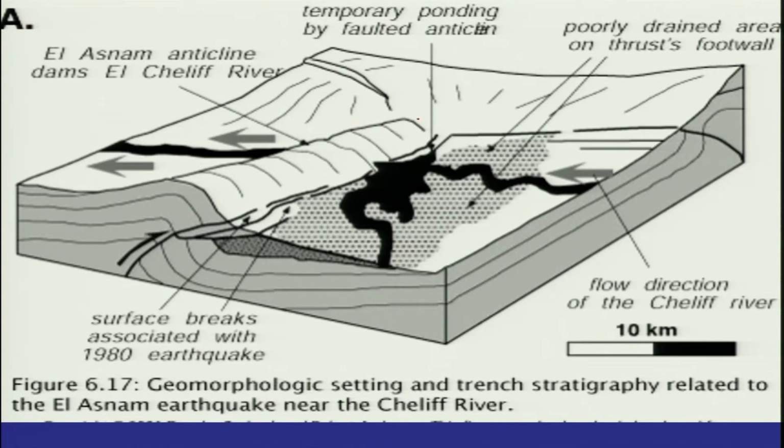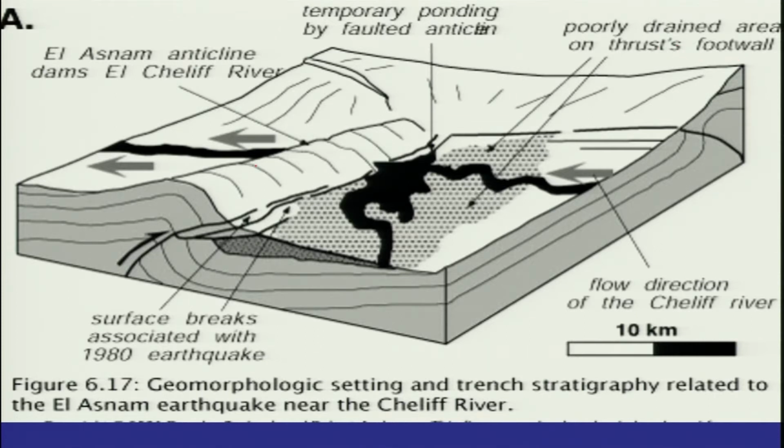So this cleft, or the formation of the anticline because of the deformation along the low angle fault here, resulted in the formation of a pond here. So this shows that this channel was disrupted and blocked because of the natural dam and temporary faulting by the anticline. So this portion remained as a poorly drained area on the thrust footwall.